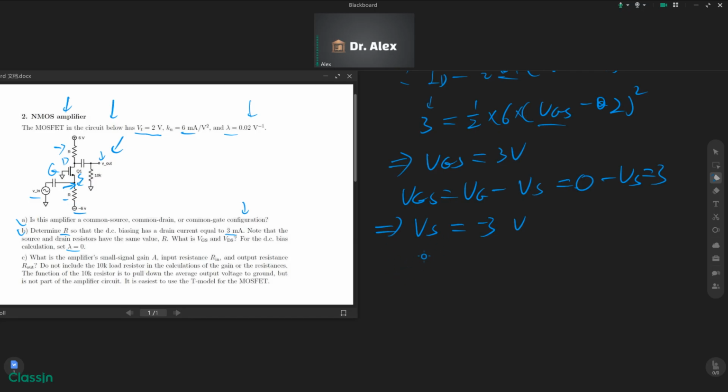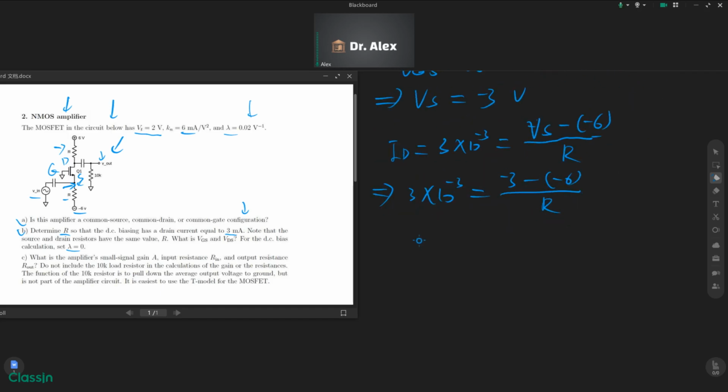This is our drain current ID, which is 3 milliampere, and it equals the voltage across the resistor R. So it is VS, -3, subtract -6, divided by R. So it's easy to get the value of R as 1 kilo ohm.